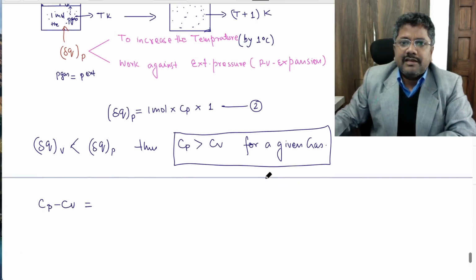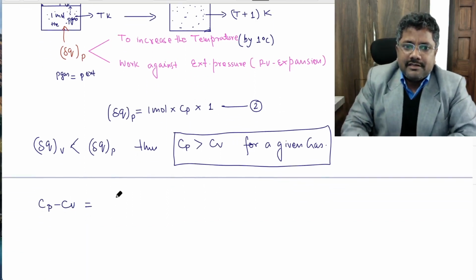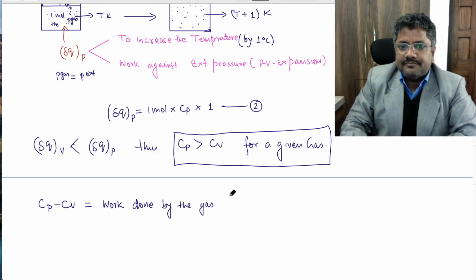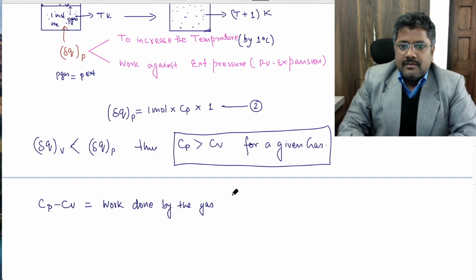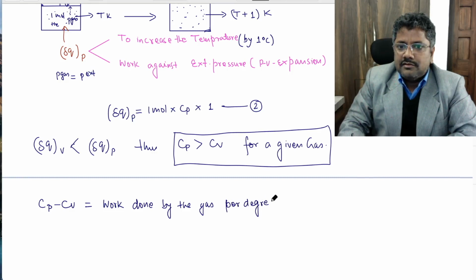So Cp minus Cv is equal to the work done by the gas per degree rise in temperature.